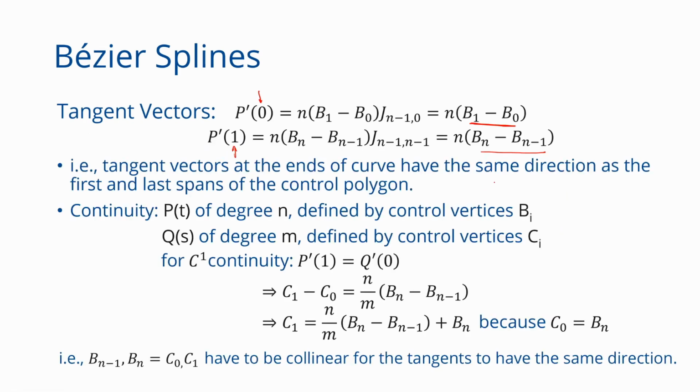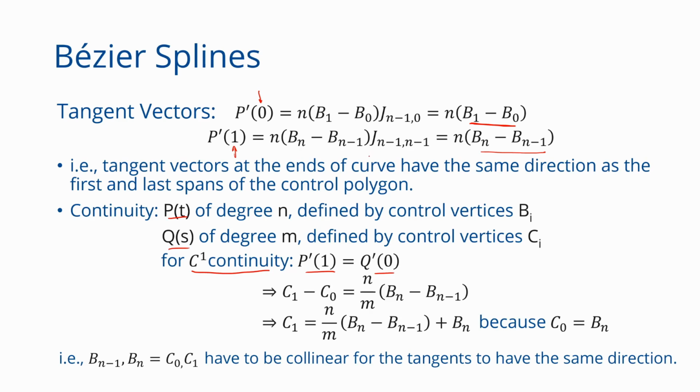Now once we have a handle on the tangent vectors, we can join two Bezier curves with whatever continuity we want. So if I want to enforce C1 continuity between a curve P(t) and Q(s), then P prime of 1 should be equal to Q prime of 0.